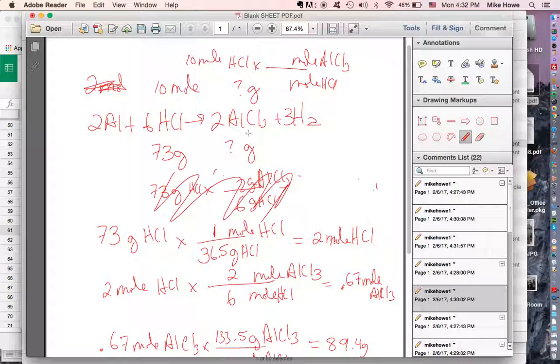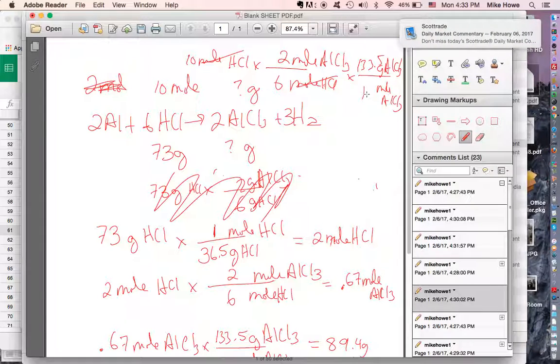Now you still would need to change moles to grams. So we'd have 2 and 6, but that's moles of HCl. So you still have to do the third step, which is use the moles of AlCl3 on the bottom and grams of AlCl3 on top, and 133.5 is 1. So then you go ahead and do that math. 10 times 2 times 133.5, and then divide by 6. I won't work that out because I think we all know how to do that.